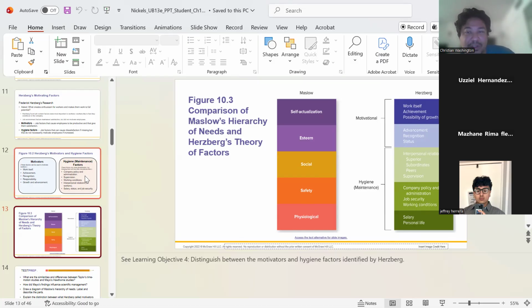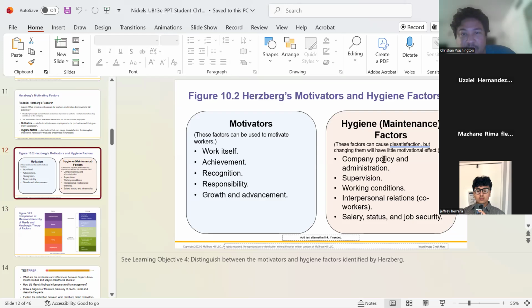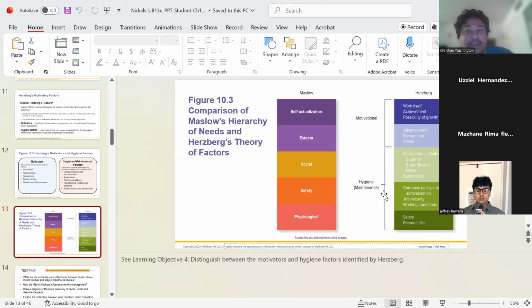These factors can cause dissatisfaction, but improving them doesn't change motivation. So you definitely need these things, but when you're trying to elevate your employee to enhance their motivation, you're looking at these higher level things, right? Advancement, recognition, status, the work itself, the achievement, the possibility of growth.